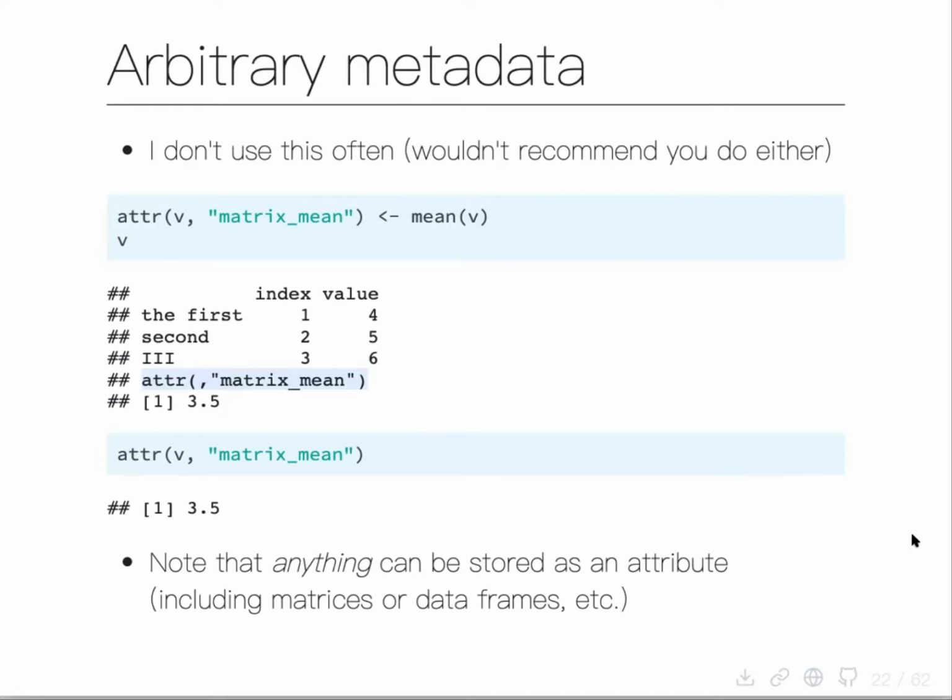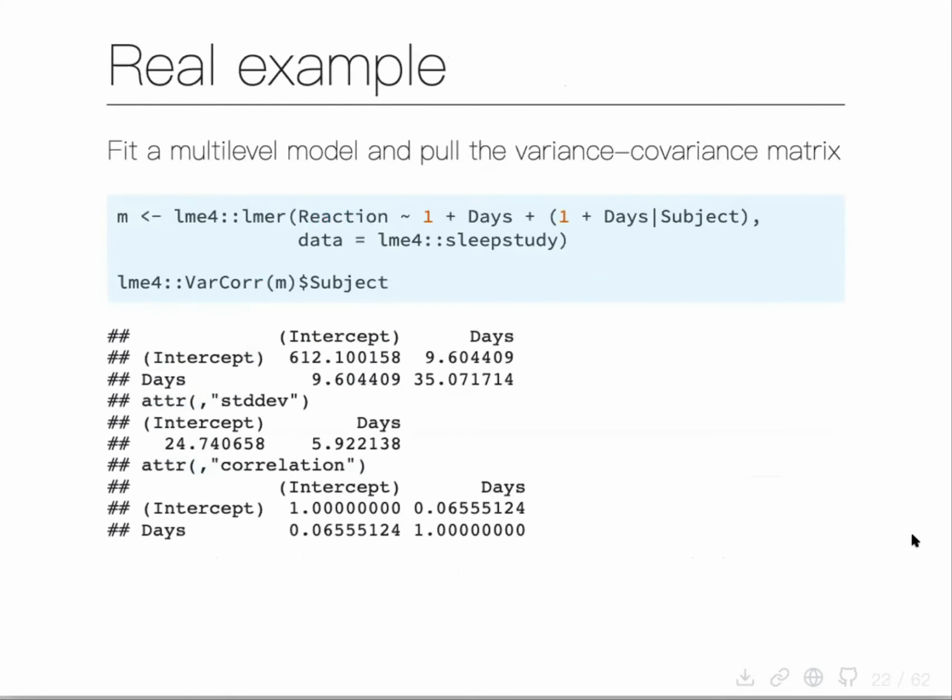Okay, you can store anything as an attribute, including other matrices or other data frames or whatever, right? It can be anything. This is a real example from multilevel modeling. And if you're not familiar with multilevel models, that's totally fine. That's not why I'm showing you this. I just want to show you basically a real applied example, right?